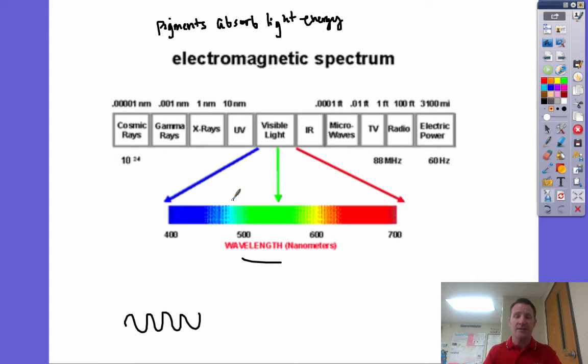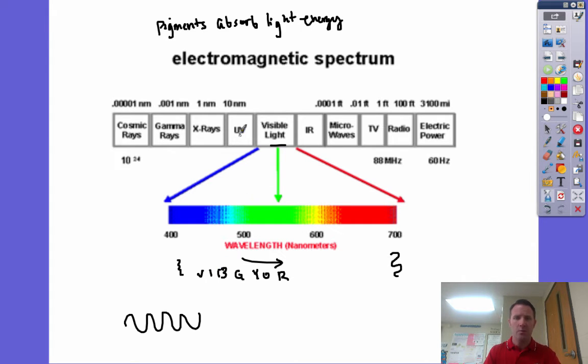Here is a graph. This exact chart is on the test. So you can just see that from this way to this way, we're looking at increasing wavelength. So this is a short wavelength, violet, and red is a long wavelength. So VIBGYOR is the colors of the visible light spectrum in increasing wavelength, VIBGYOR.